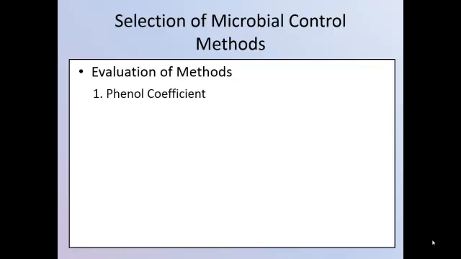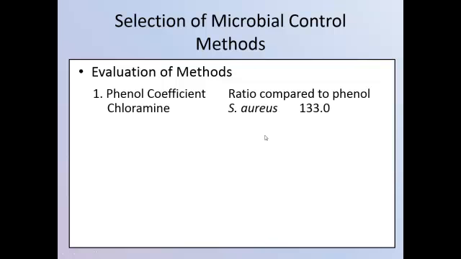So the first one is the original test, the phenol coefficient. That's where, especially with chemical control methods, we compare the chemical to the original disinfectant, phenol, or carbolic acid. What we do is take chloramine, for example, and if we're comparing that to phenol and its ability to kill Staphylococcus aureus, it is 133 times more effective than phenol in killing this gram-positive bacteria.